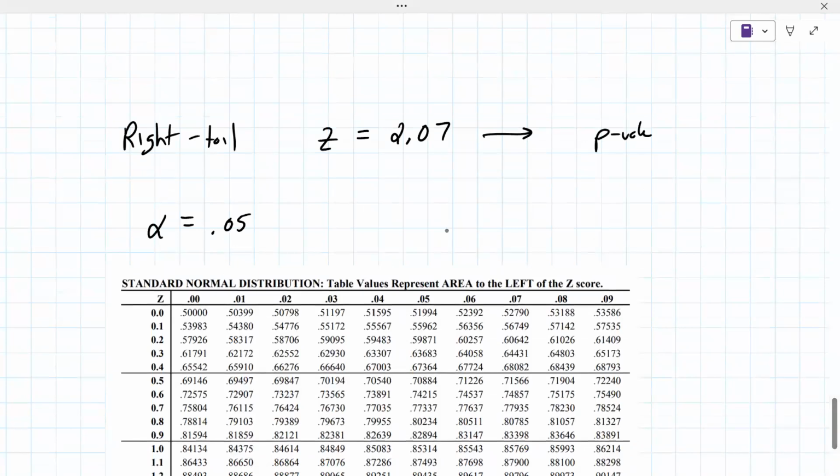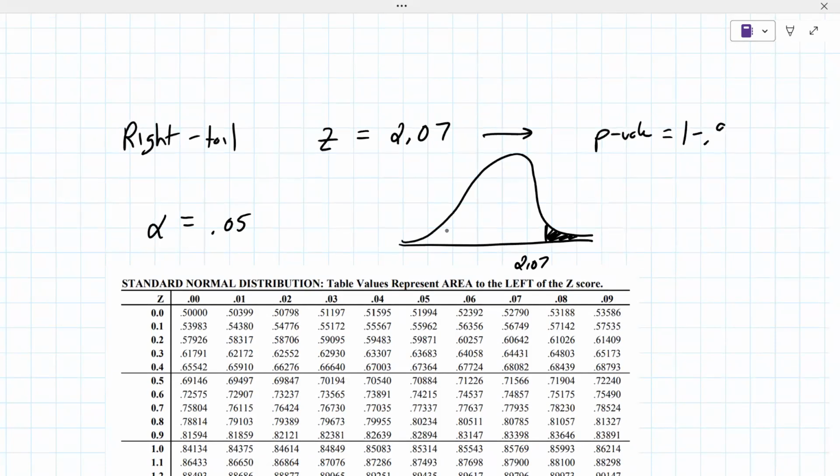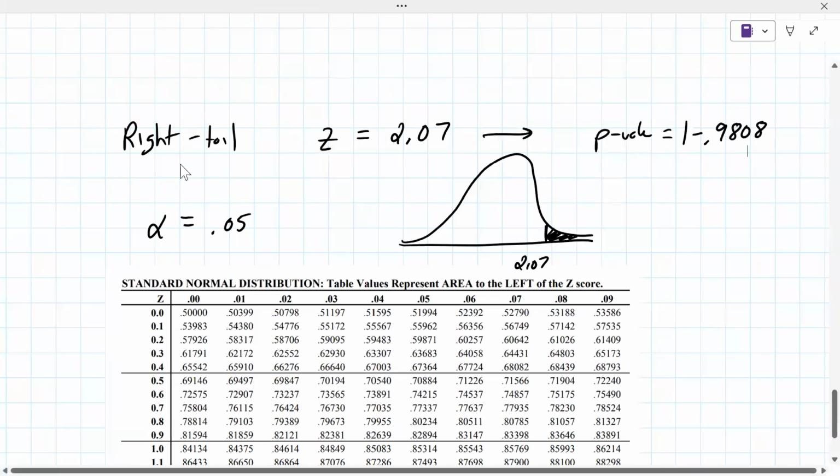0.9808. So that is not the p-value though, because this table gives it to you to the left of that Z, and we want the area to the right. So you have to do 1 minus 0.9808. Because it's right tail. Oh, yeah. Okay, so what is the p-value?